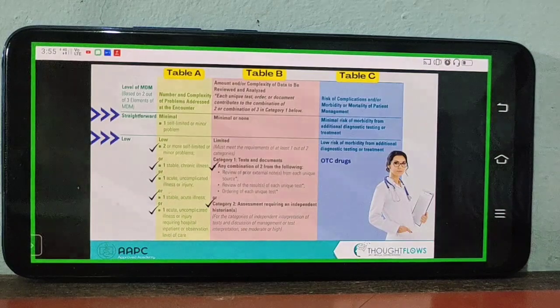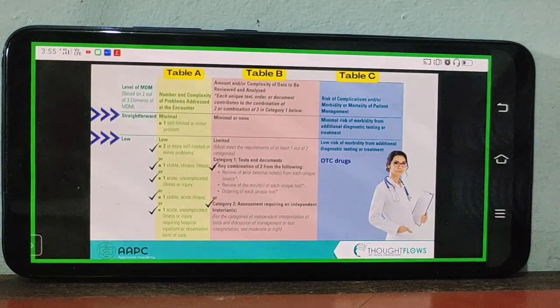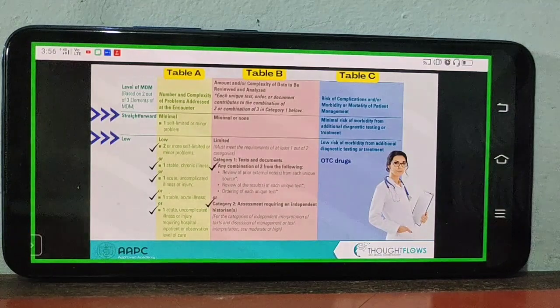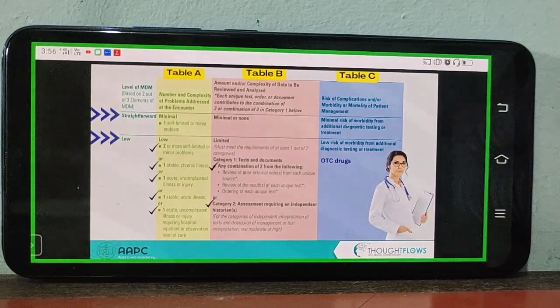Regarding the duration of a chronic condition, the patient must have suffered from the problem for at least 12 months or until death. Then only can we consider it chronic. Less than 12 months means the condition is considered acute.